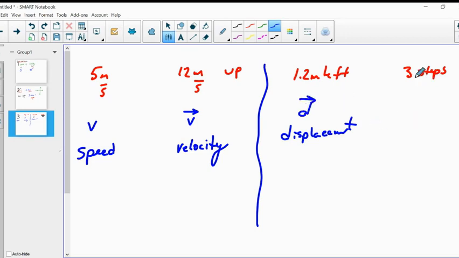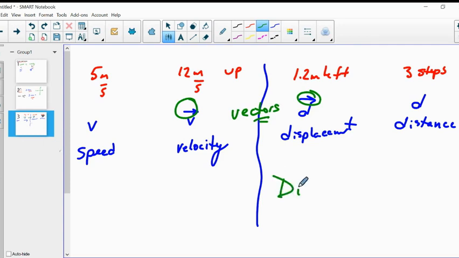And 3 steps, but it doesn't tell me if I'm stepping upstairs, downstairs, or to the left or to the right. This is simply a distance and has a symbol of d. So once again, the arrow over top tells me that these are vectors. Direction is the key word.